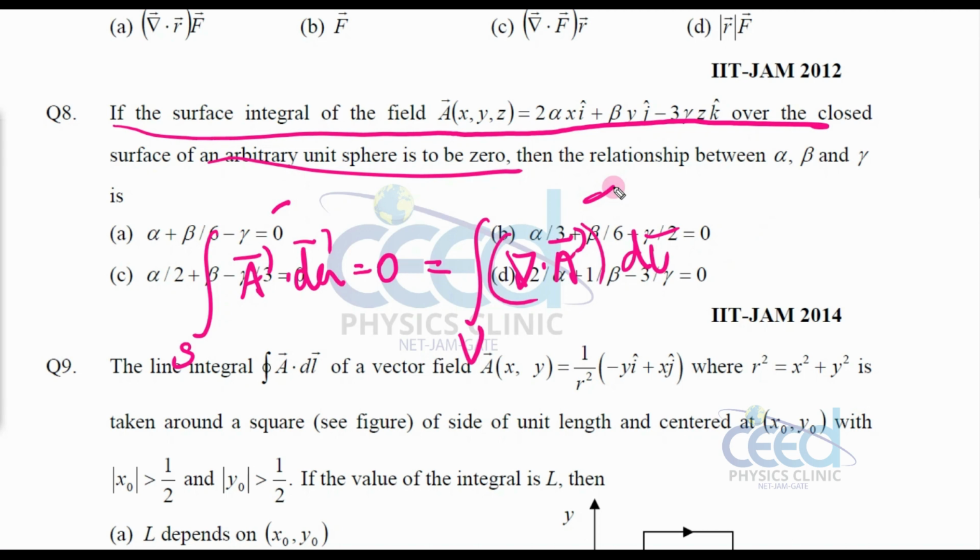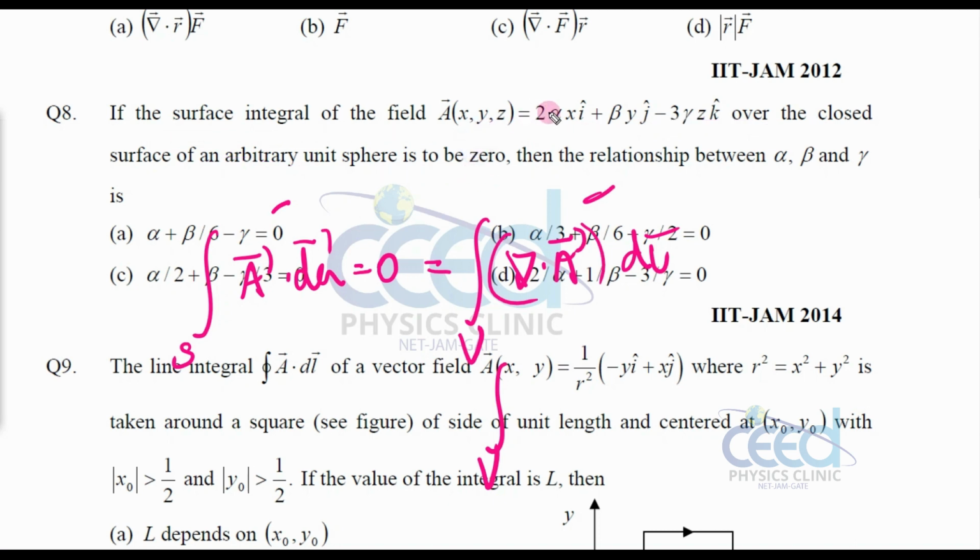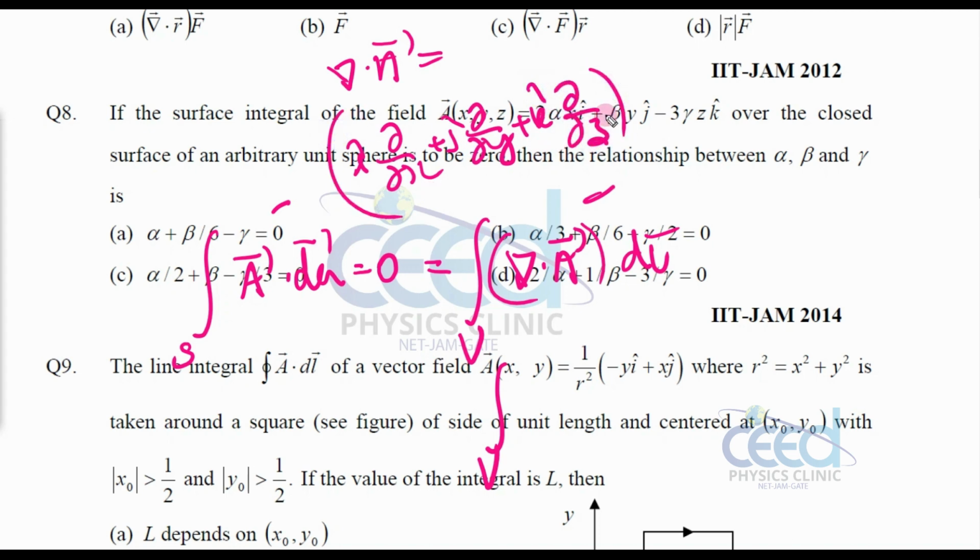So let me write this as a volume integral. What is div A? Div A is the divergence of this, that is i cap ∂/∂x plus j cap ∂/∂y plus k cap ∂/∂z dot this function, that is 2 alpha x i cap plus beta y j cap plus 3 gamma z k cap.